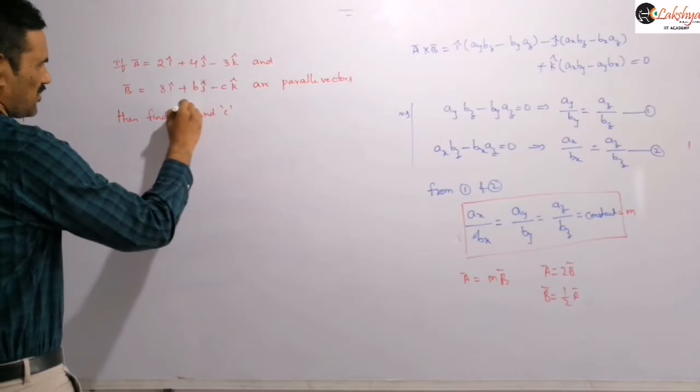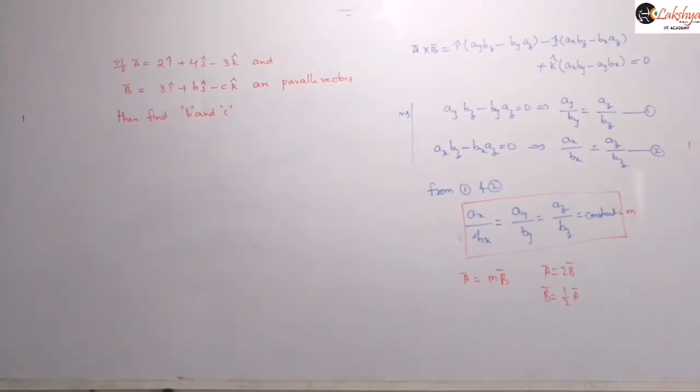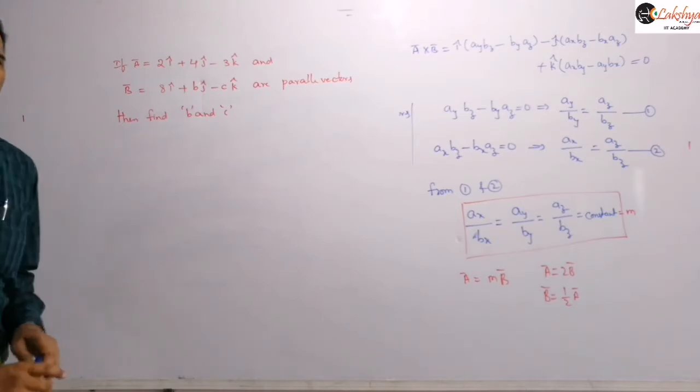That means these are some constants here, b and c. So we need to find the b and c values if those two vectors are parallel to each other, right?